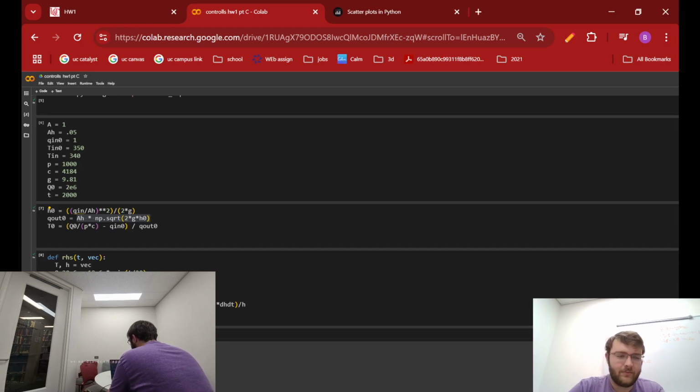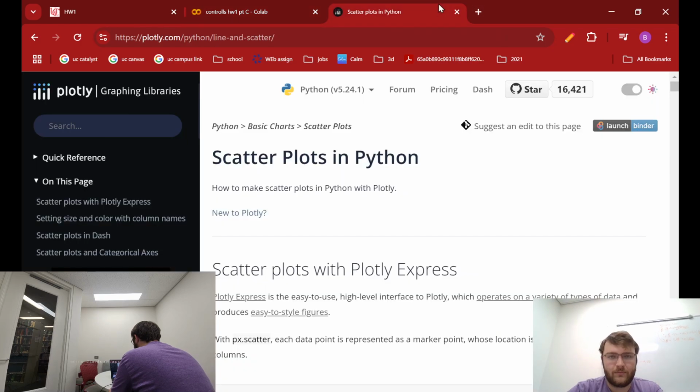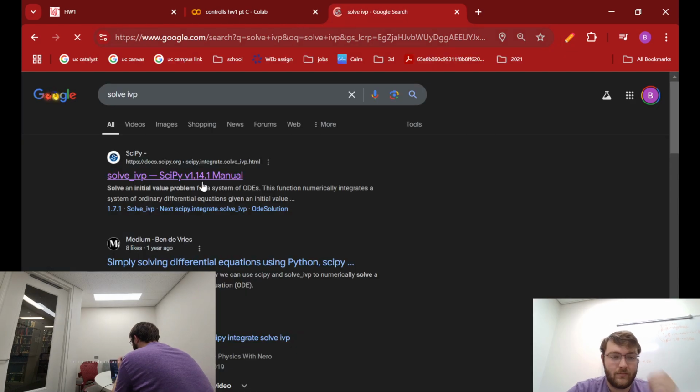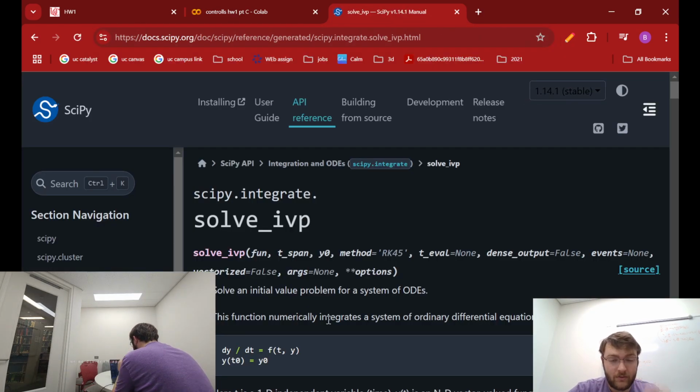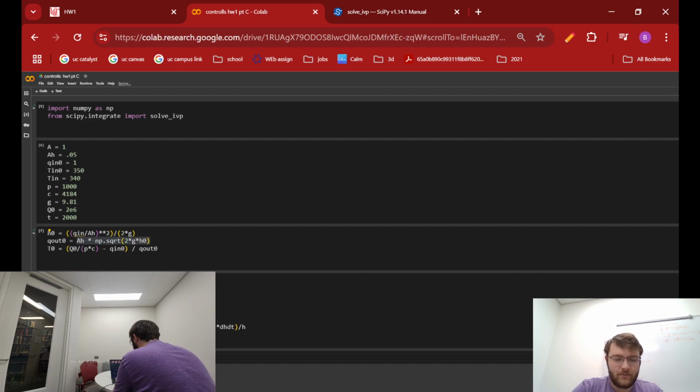So now we can use solve IVP. I forget what all of the inputs are. Functions first, so we can do the right hand side.